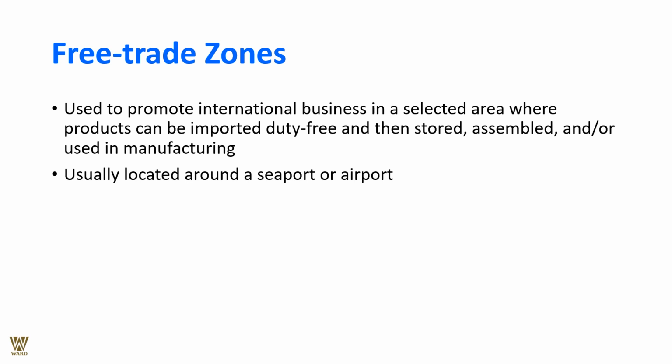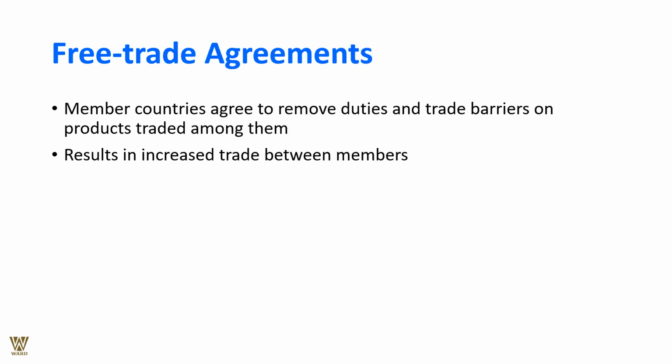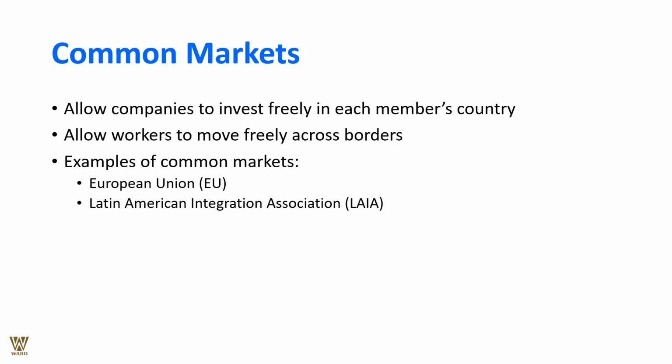In a free trade agreement, member countries agree to remove duties and trade barriers on products traded among them, resulting in an increase of trade between the members. As the case might be, anything and everything can be increased within the member countries. So it is a tit for tat policy. Everybody is treating each other's market, each other's country, as a local market.